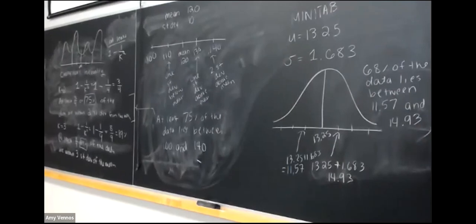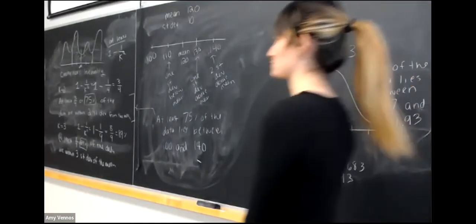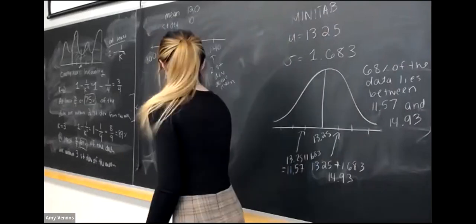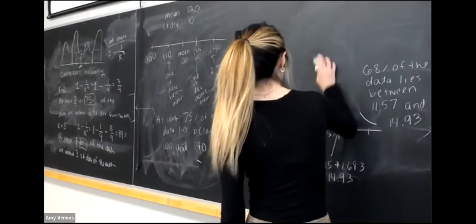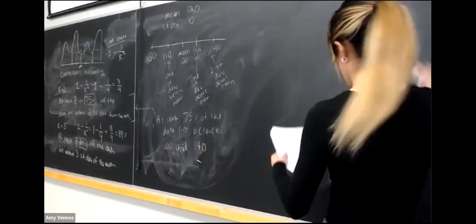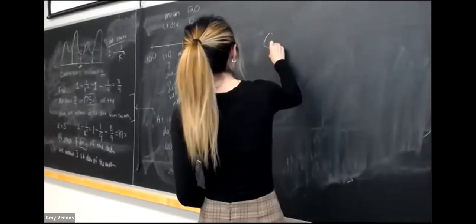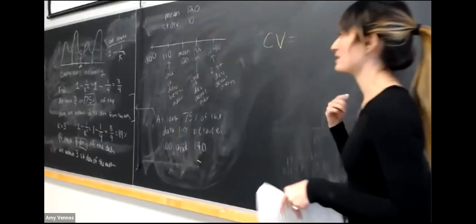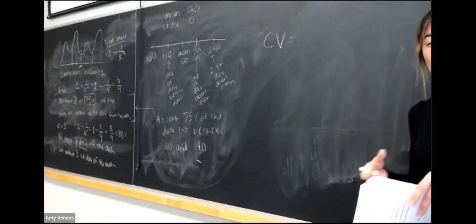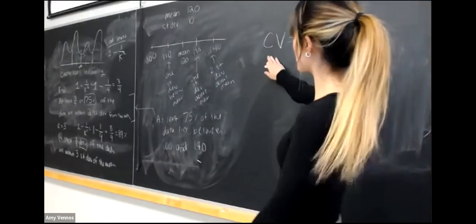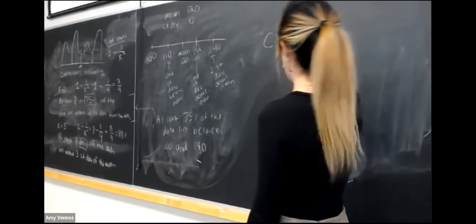Let's go on here. Our next definition is called the coefficient of variation, or the CV. So sometimes we're interested in comparing the mean and the standard deviation, but like combining them into one number, okay? And this is where this coefficient of variation comes along, okay?